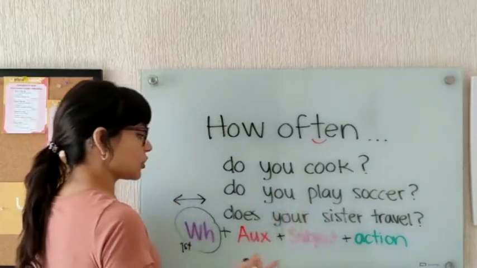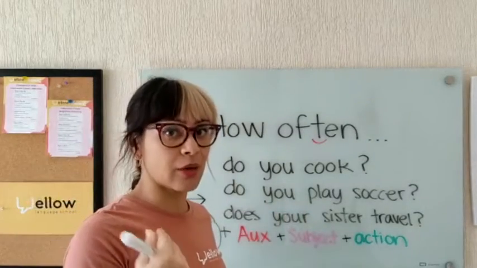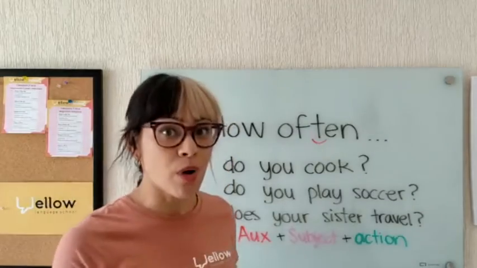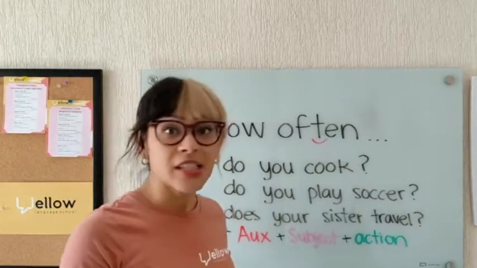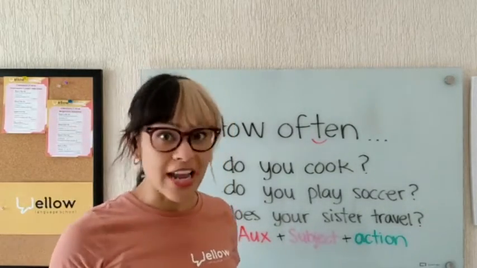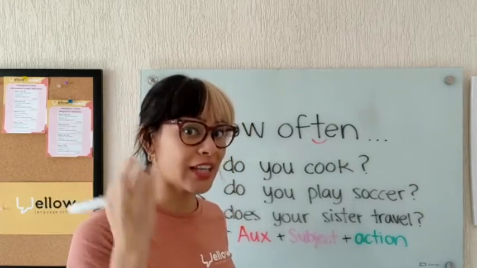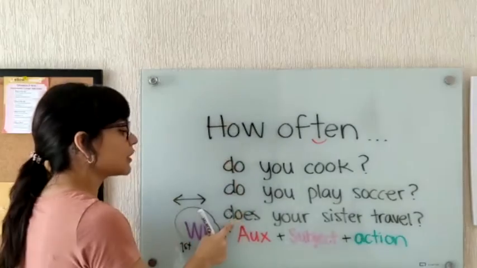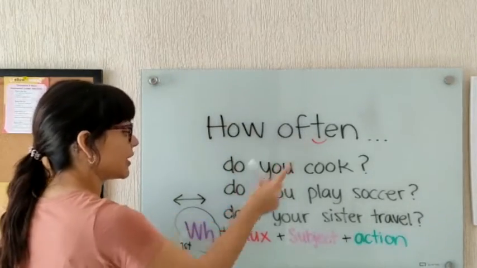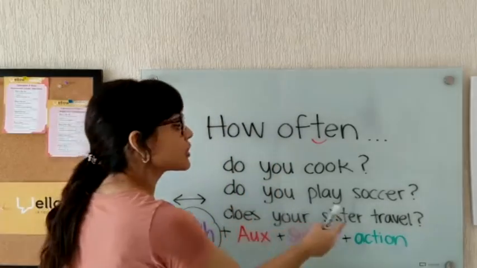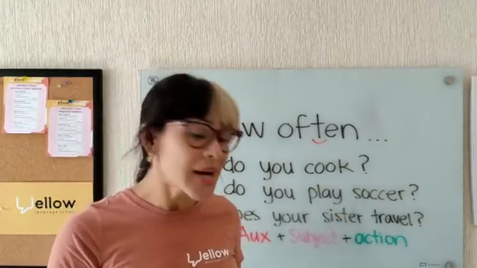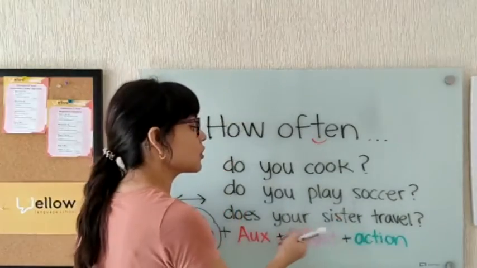In case you want to talk about third person, that will be your friend, your mom, one of your sisters, one of your neighbors, that will be third person. Remember, he, she, or it. So you will need does. How often does your sister, in this case my subject is your sister.